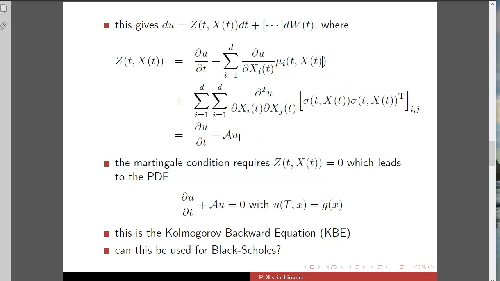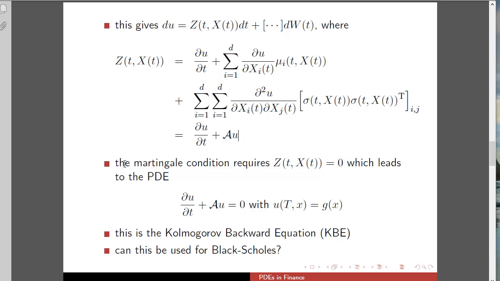We also use this calligraphic A to collect all the terms here. That means all the derivatives that are with respect to the spatial variables and not with respect to t. So the t derivative is here, and then the rest is collected by this term.